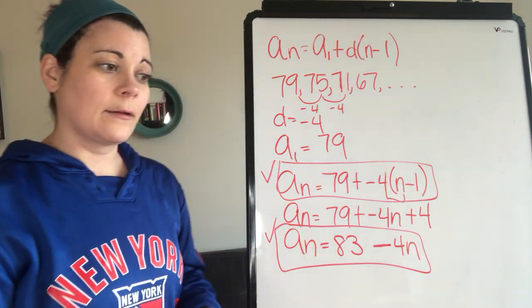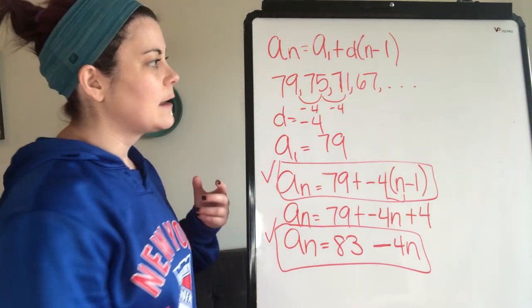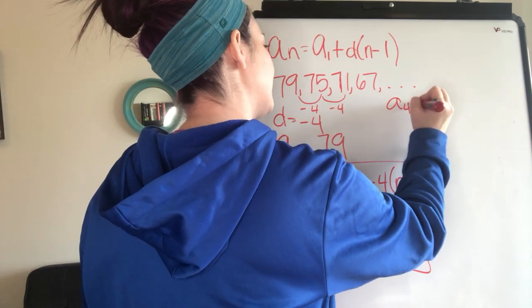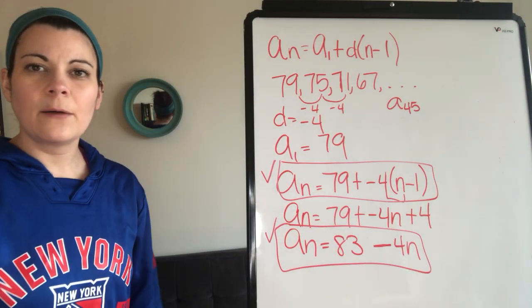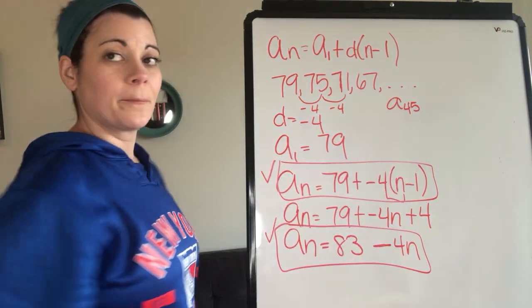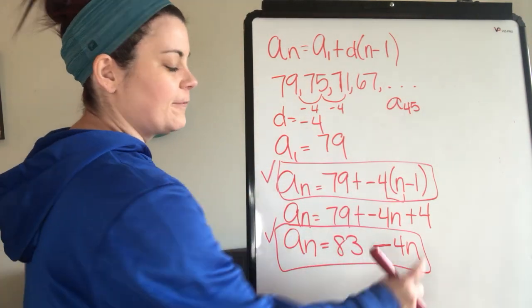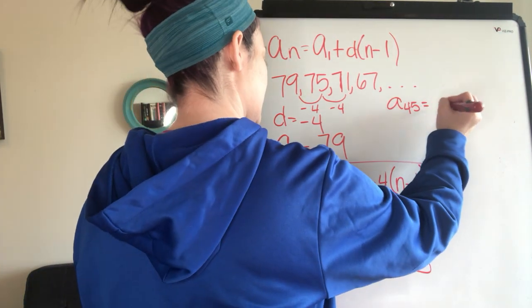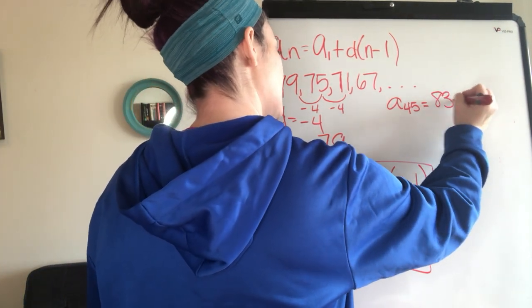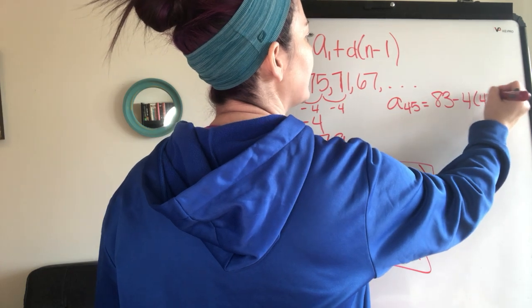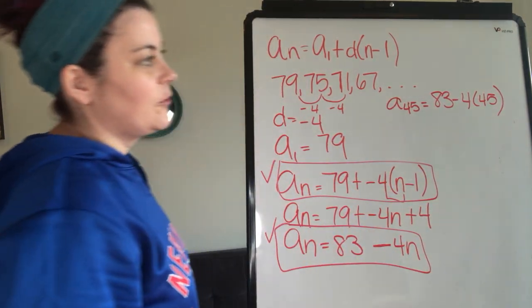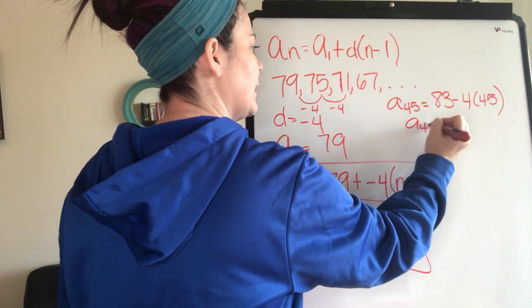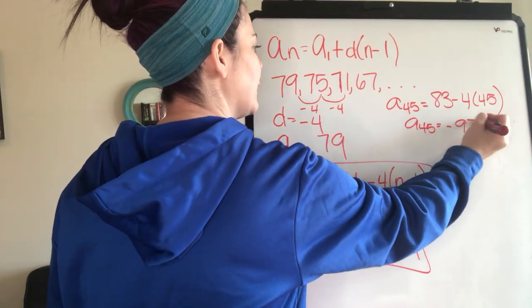Now I can use this equation, and if I say I want to know a of 45, which means I want to know the 45th term, then I plug in 45 for n. 83 minus 4 times 45. If I solve that, I get a sub 45 is equal to negative 97.